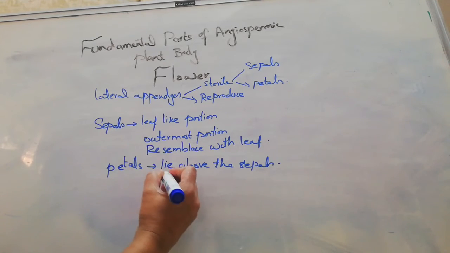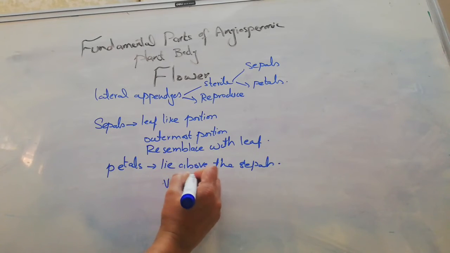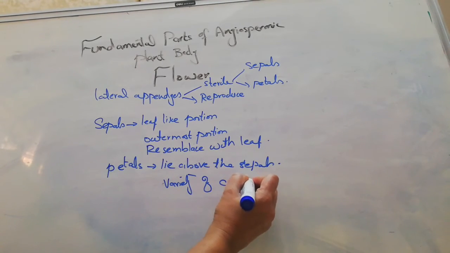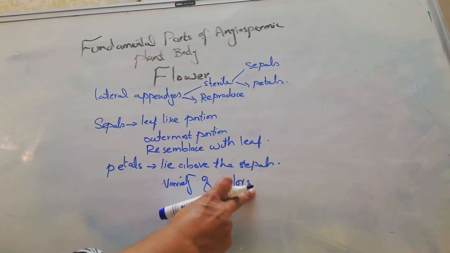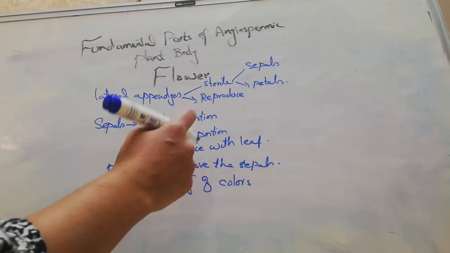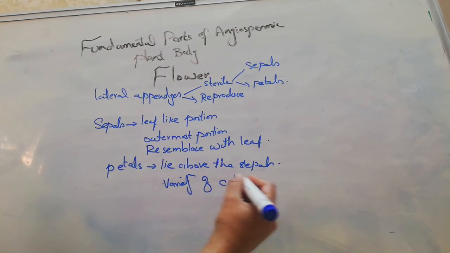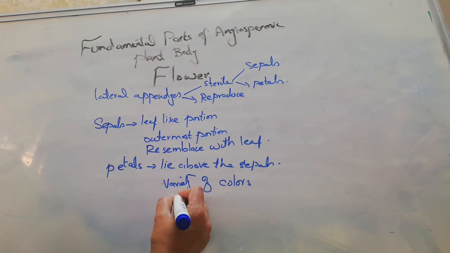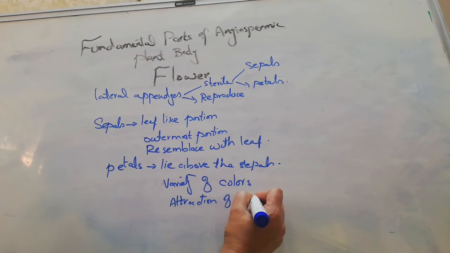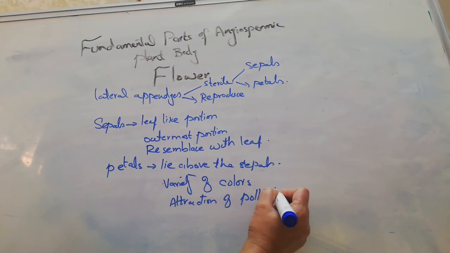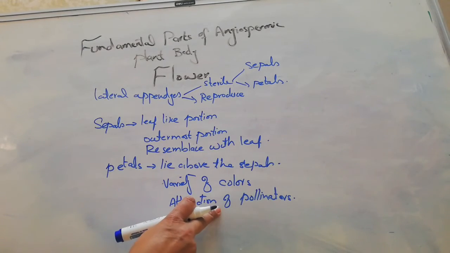They are mostly in a variety of colors, and this variety of color is for attracting the pollinators. Petals have a major role in the attraction of pollinators.